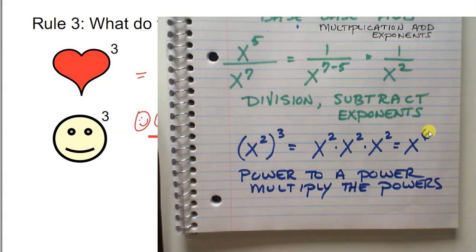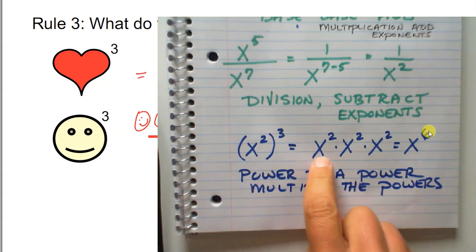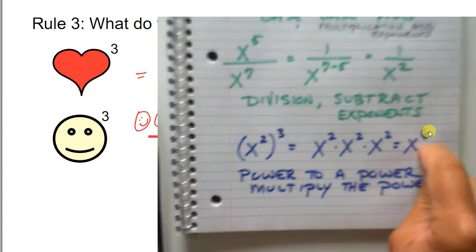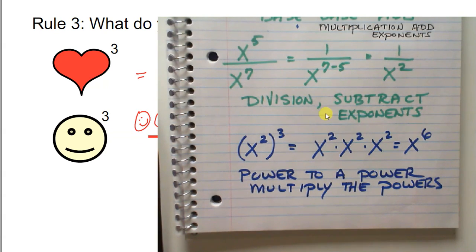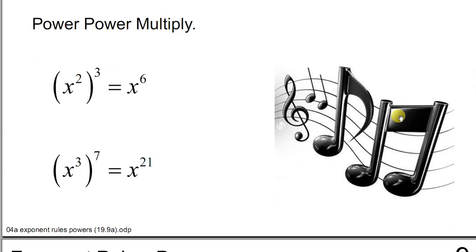Power to a power, I multiply the powers, because 2 times 3 is 6, because x squared times x squared times x squared is x to the 6th. We can see it right here. 2 times 3 is 6.